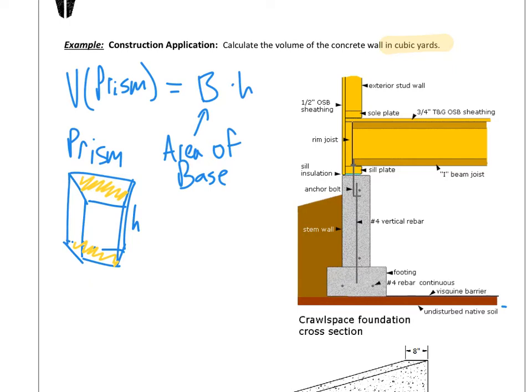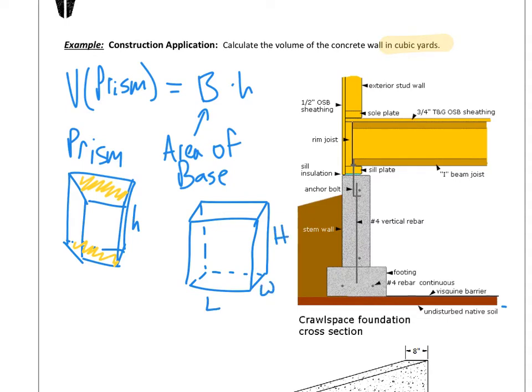Now, if we have a rectangular prism, which is a very common one, let me draw a little rectangle, it means we have rectangles on top and bottom, okay? Then we're going to do the same thing. We're going to find the area of the base, but the area of the base is length times width.